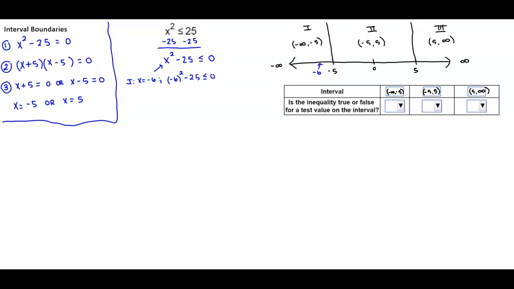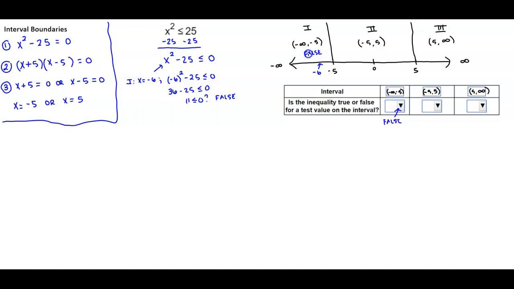Negative 6 times negative 6 is positive 36, minus 25 gives us 11. And is 11 less than or equal to 0? The answer is false. So it's false for interval number 1.